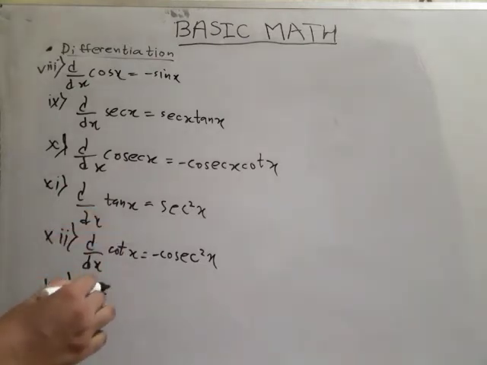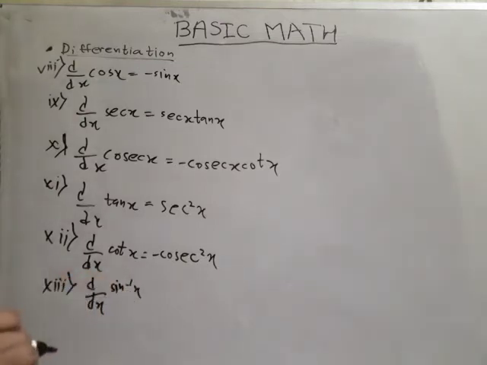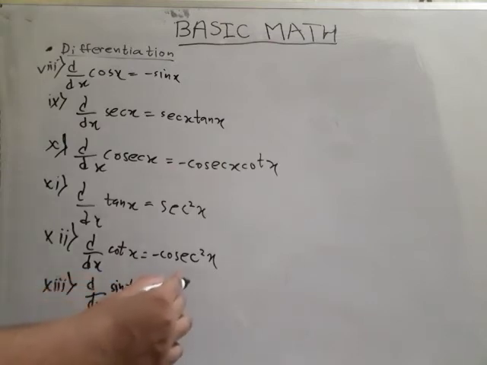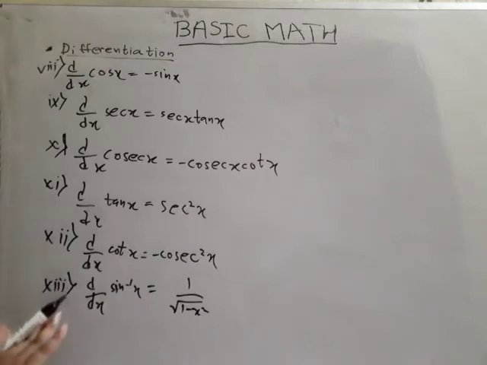Now d/dx of sin inverse x. I think you have not learned inverse trigonometric functions yet if you are in class 11, but just remember this: if you ever encounter d/dx of sin inverse x, it is always 1 by root under 1 minus x square. And if you encounter cos inverse x, it is just the negative of it.